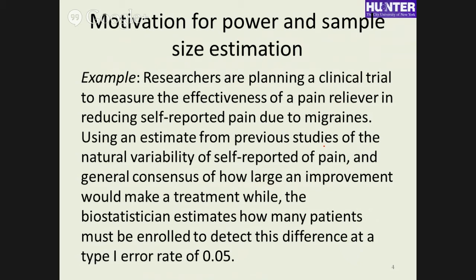So the more natural variability you have, or the smaller that difference, or the higher a confidence you want in rejecting, so a smaller alpha, all of those will require a larger sample size. But it's context dependent. If you have very little natural variability, and you consider a small deviation from the null hypothesis to be significant, you can do that with a small sample size.